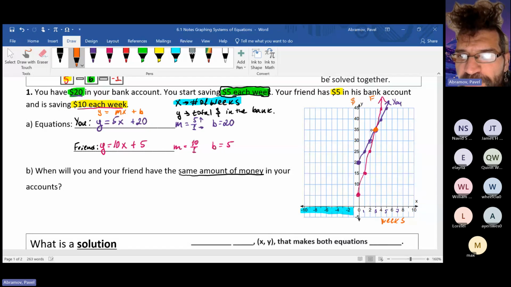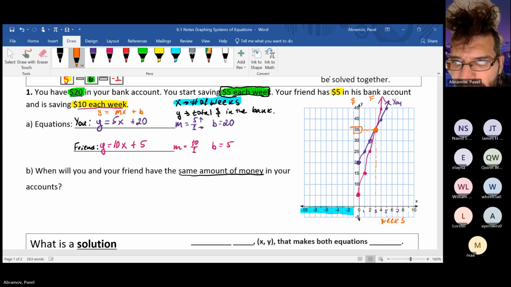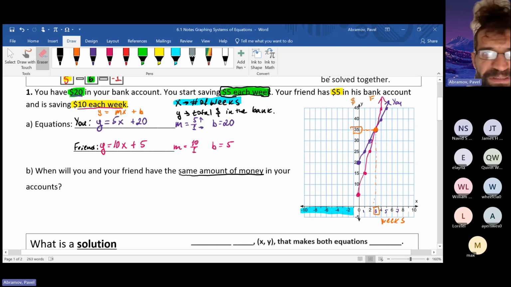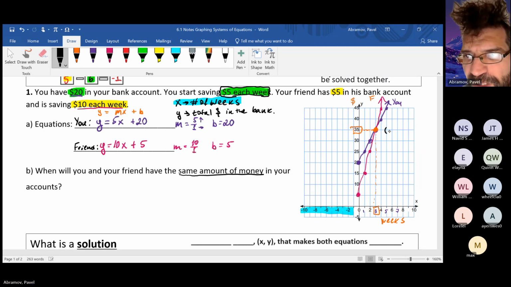This is where both accounts will have this amount of money, $35, and it will happen after this many weeks, which is 3. So we have the point of intersection, this point right here, that has coordinates 3, 35, which is your x and y coordinates.